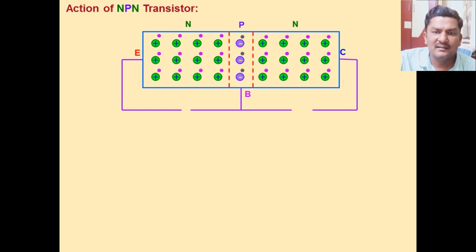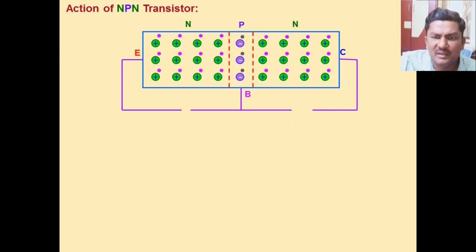The base is very thin, its width is very small, and the emitter is slightly smaller than the collector region. In an NPN transistor, the base is a p-type semiconductor and the emitter and collector are n-type semiconductors.